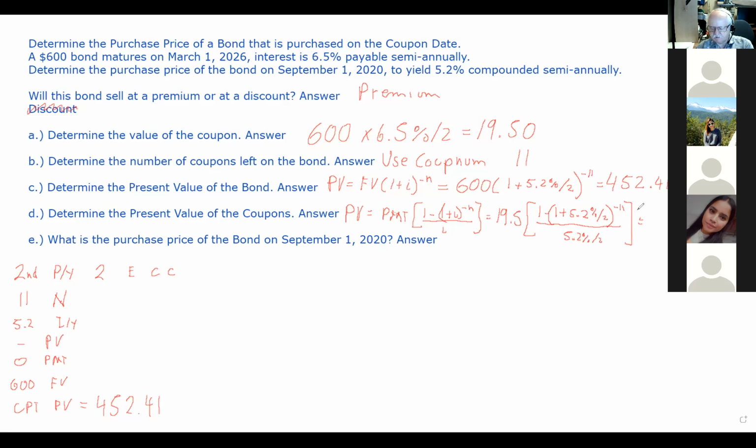I'm going to store that in register 1. So now I'll recall 1 plus 1, y to the x, 11 negative, equals, I'll make that negative and add it to 1 plus 1, divided by recall 1 and then times 19.5. So I'm getting 184.49.